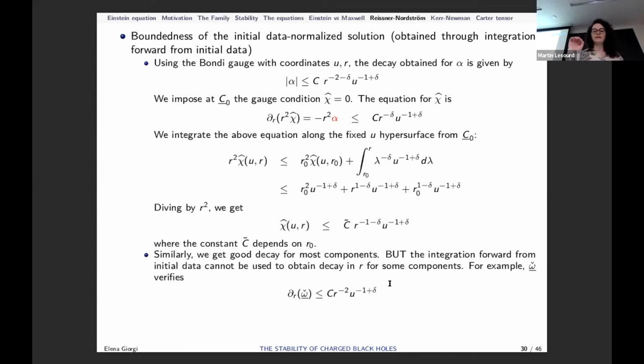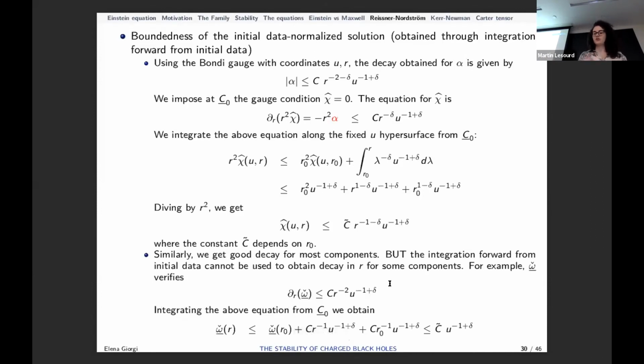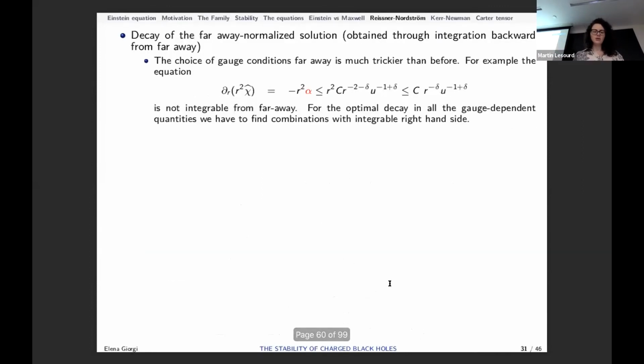So it's only dr of omega bar check which decays. If you integrate forward, you cannot get any decay in r. That's the reason why you want to use some far away normalized gauge that is instead done by integration backward from far away.